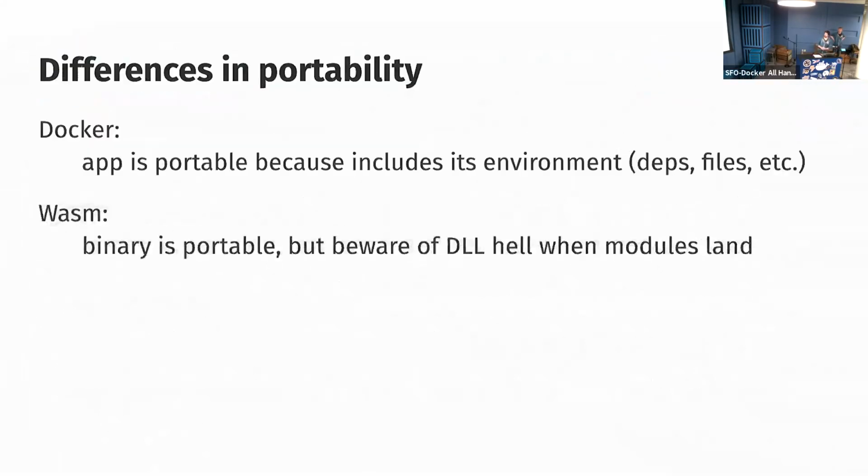I want to make a quick point about differences in portability between Docker and Wasm. Both are portable, but in actually a different way. When we talk about portability in Wasm, we mean that the binary itself is universal. It's portable. You can run it anywhere where you have the Wasm runtime running.